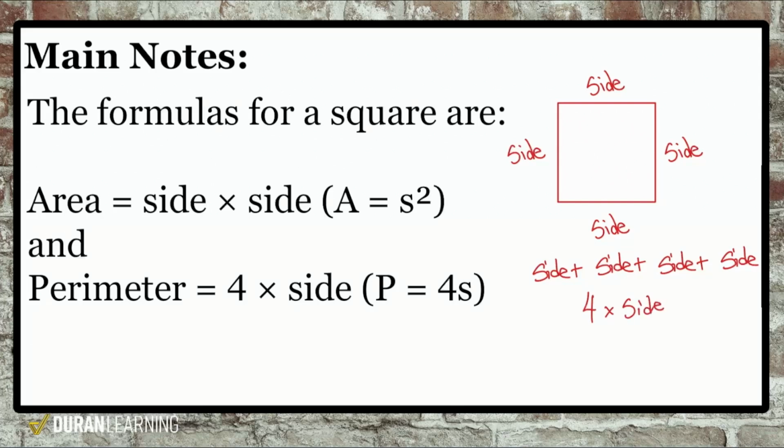If I add side by side by side by side, it's the same thing as just saying multiply the side times 4. Good. That's all you need to know about where this little shortcut for perimeter comes from. It's 4 times the side because all the sides are the same. That's it.